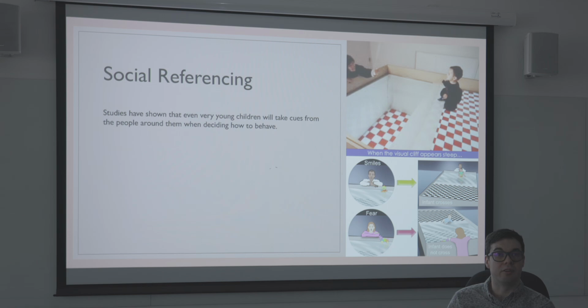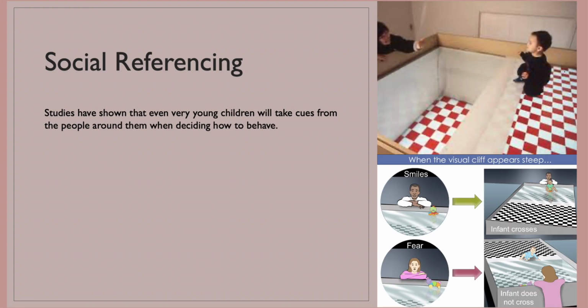Now it's actually just a glass table, so the child can safely go from one end to the other with no problems, but to them it looks like the edge of a cliff. It looks like it drops off. And what we wanted to know was, do they use information from other people to make decisions about whether they keep crawling or whether they stop at that edge of the cliff where it looks like they might fall off.